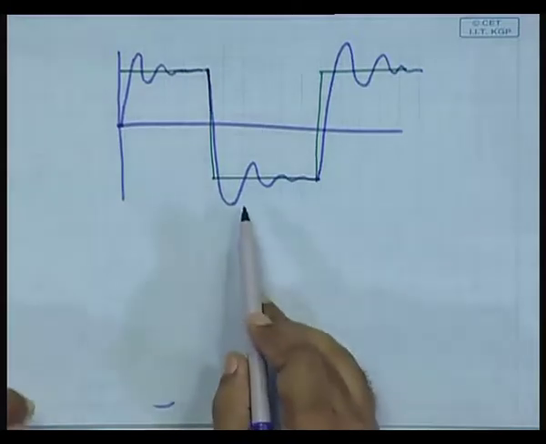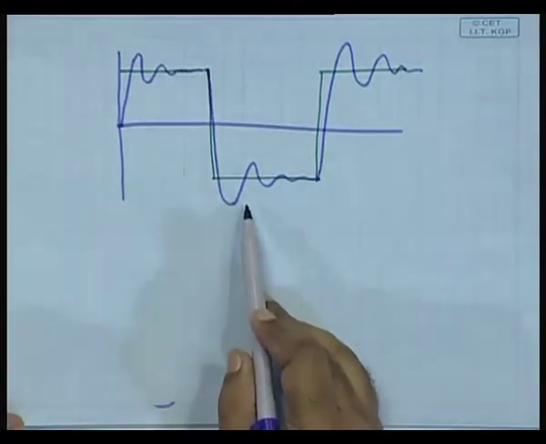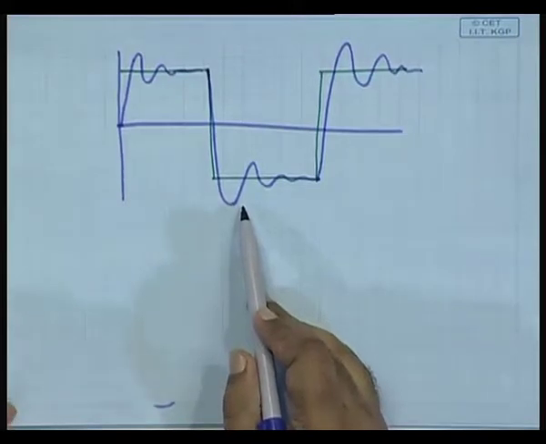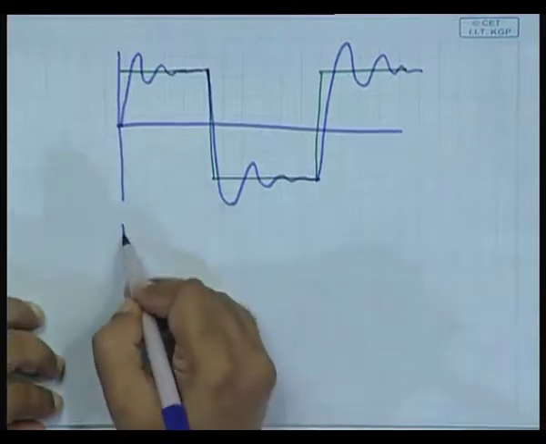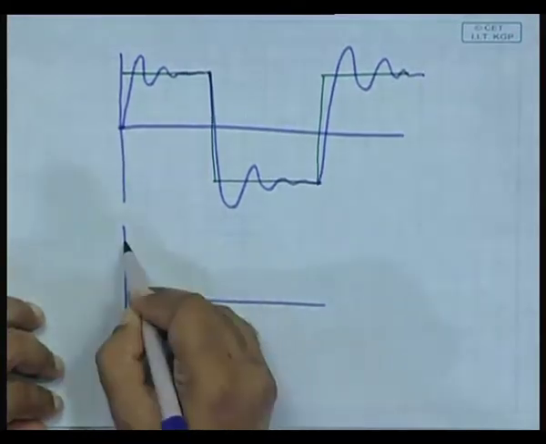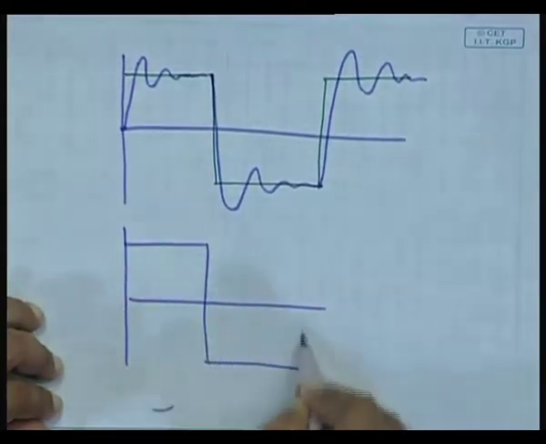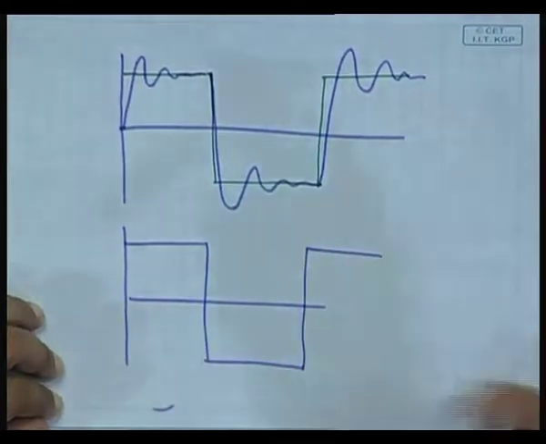Have you seen this waveform in your experiment on the CRO, on the RLC circuit? Yes, you have done that, you have seen that, right. This could be either like this, or it could also be like this.